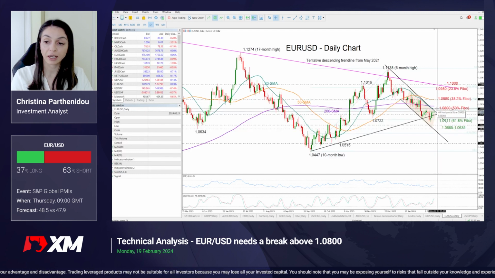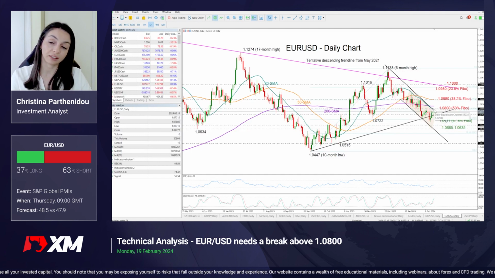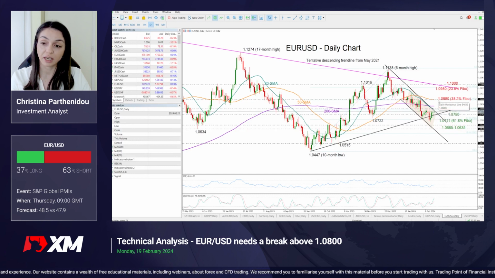This is currently a key resistance territory, where the 20-day moving average and this important resistance trend line are located. So a close above that bar could trigger a new bullish phase, especially if the price also surpasses its 200-day moving average, in which case we may see an extension towards the 1.0880 level, where the 38.2% Fibonacci mark of this uptrend is located.